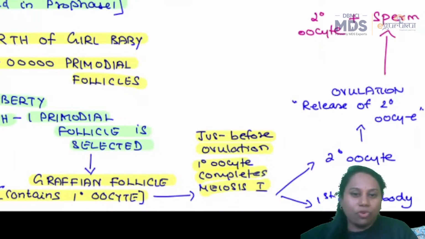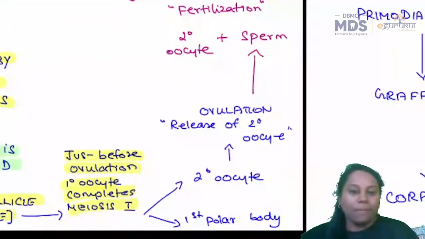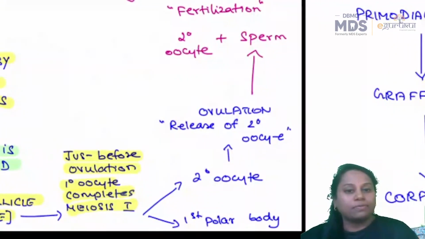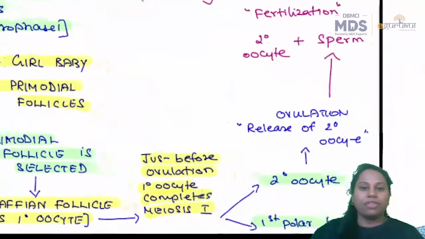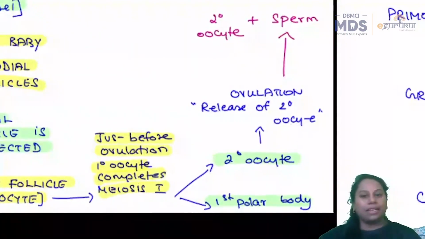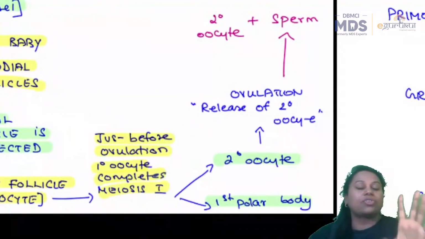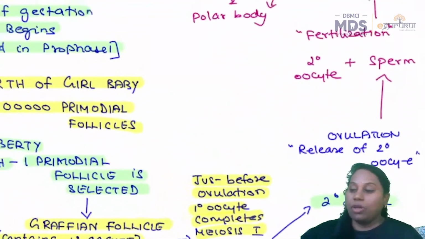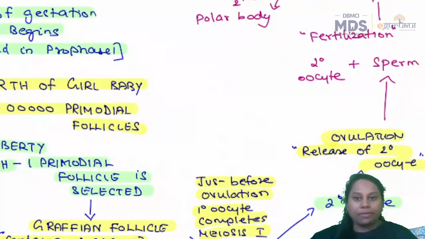As a result of completion of meiosis 1, there is formation of the first polar body and a secondary oocyte. This secondary oocyte is released on the 14th day. That is called ovulation, the release of the secondary oocyte.